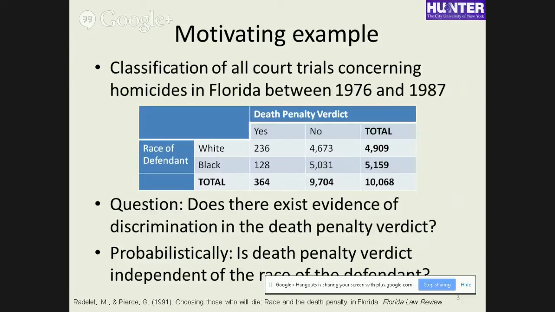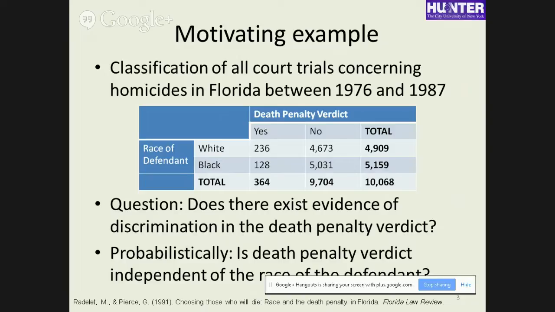So here's a motivating example. An interesting one from a study back in 1991. I don't know if any of you had a chance to take a look at it. I managed to post it first thing this morning into Blackboard.